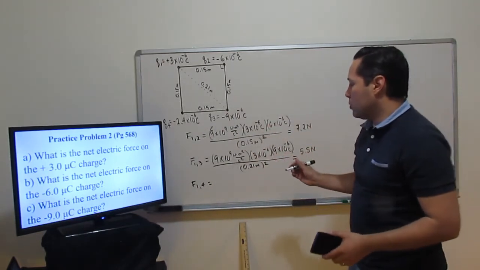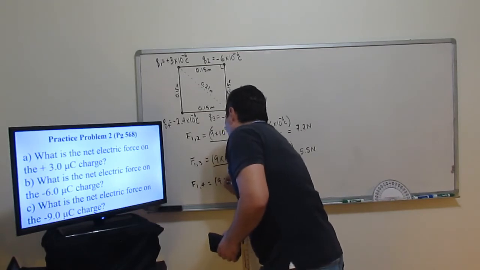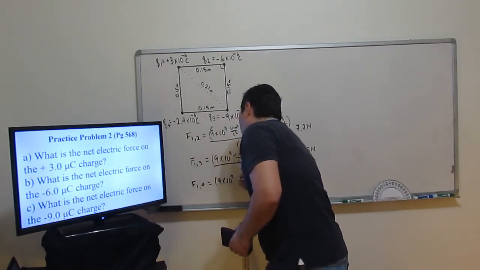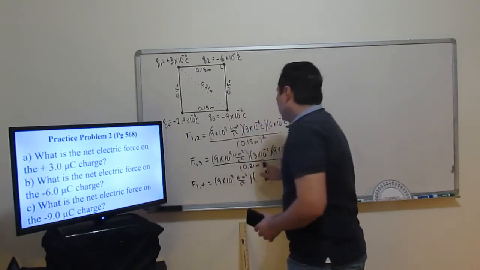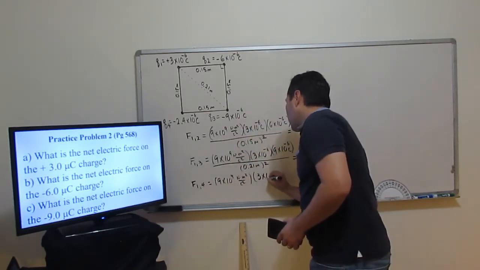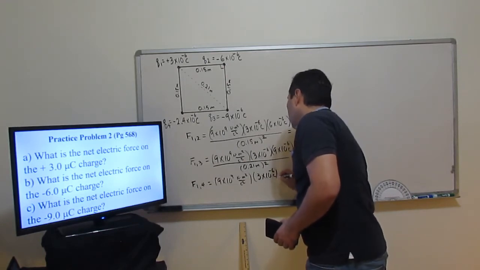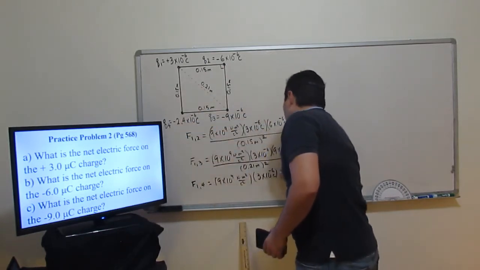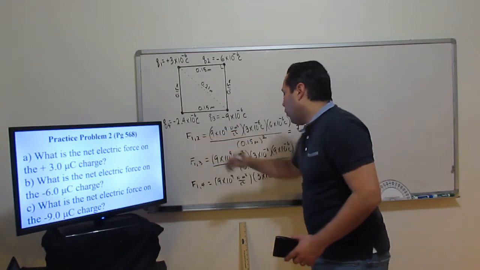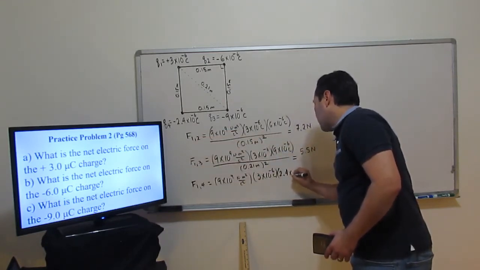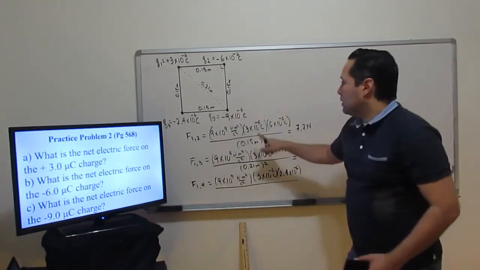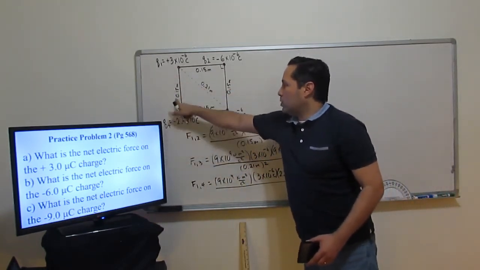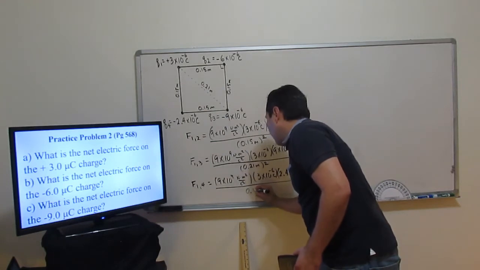We start with the constant, 9 times 10 to the 9, multiplied by the charge of number 1, 3 times 10 to the negative 6, multiplied by the charge of Q4, 2.4 times 10 to the negative 6, and all of it divided by the distance between 1 and 4, which is 0.15, squared.